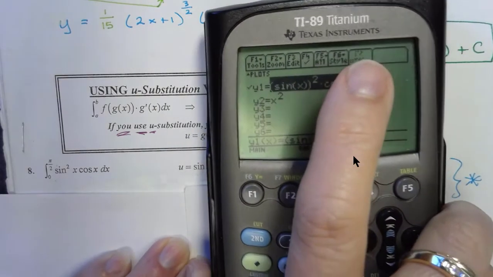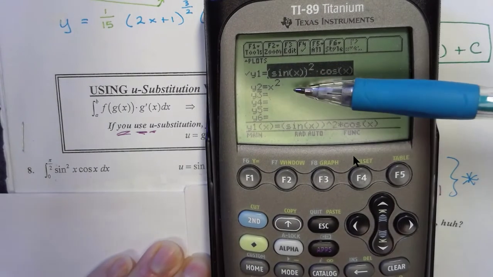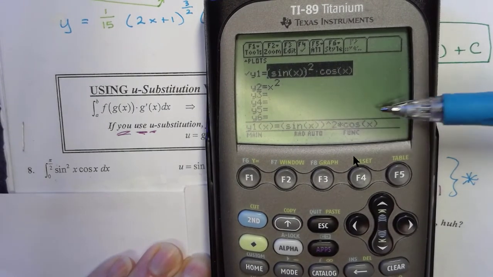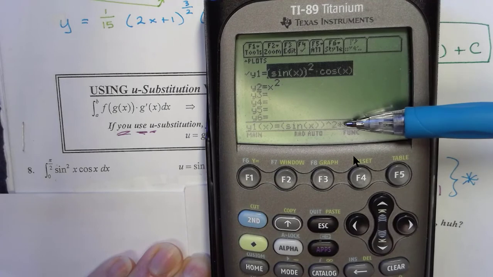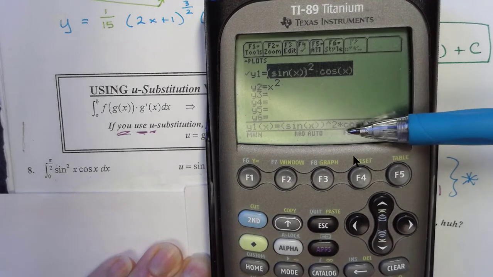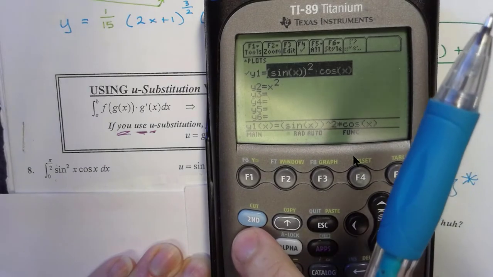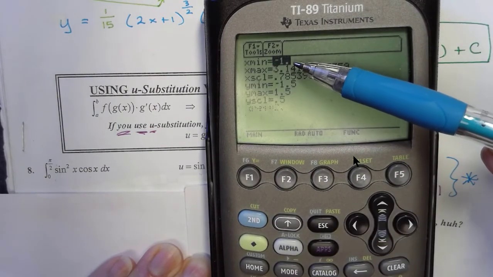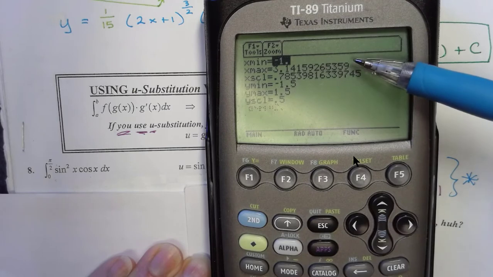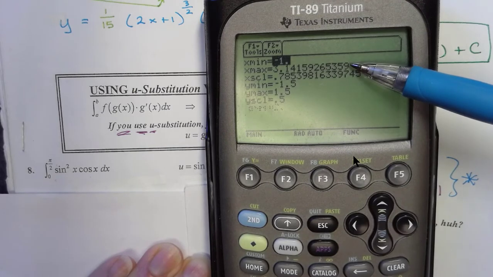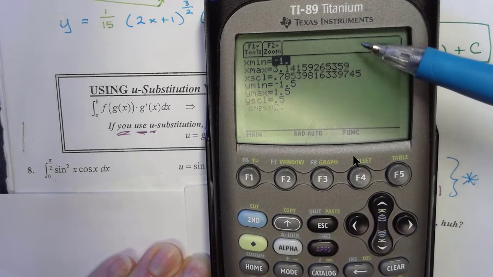Okay. So you'll notice sine squared of x times cosine of x. You have to do a multiplication sign between the two functions. Okay, and so let's look at what that graph looks like. My window, I'm going to go from -1 to pi because I like to see the y-axis.